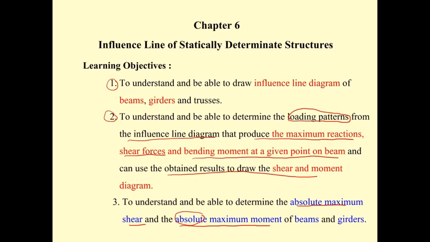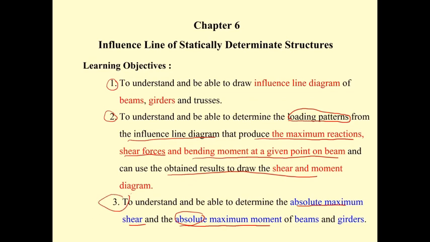On learning objective 3, you have to put the 18-wheeler at some point on the girder to produce the absolute maximum shear. Also, you put it in another position to obtain the absolute maximum moment. That's going to be another examination problem.